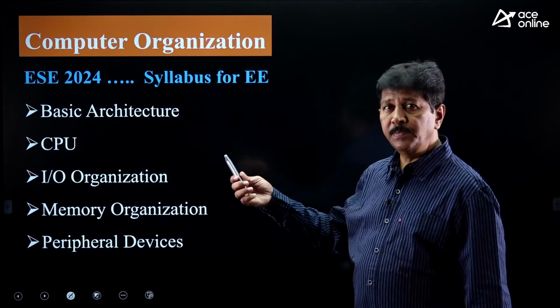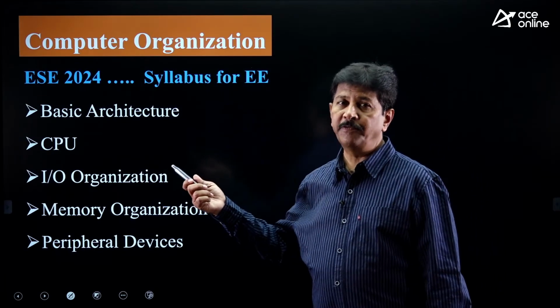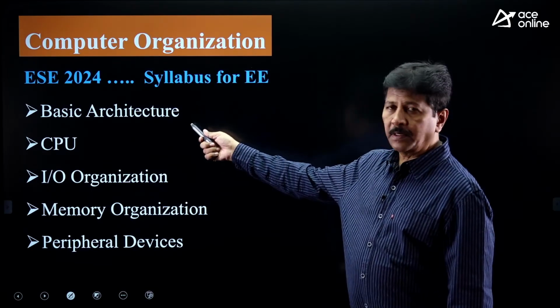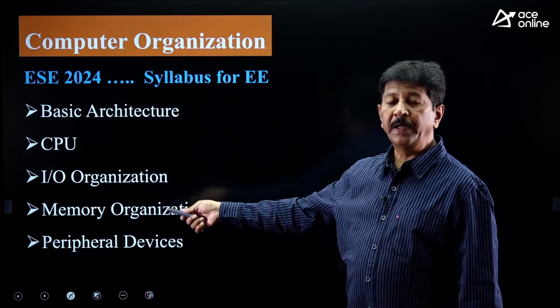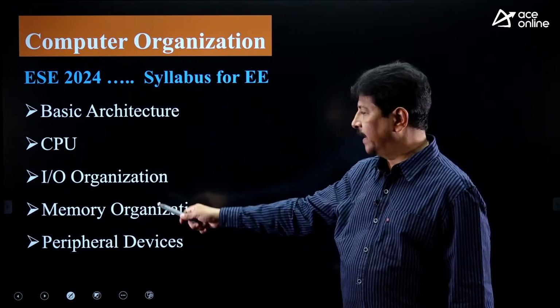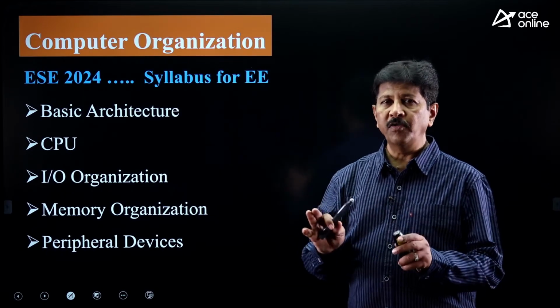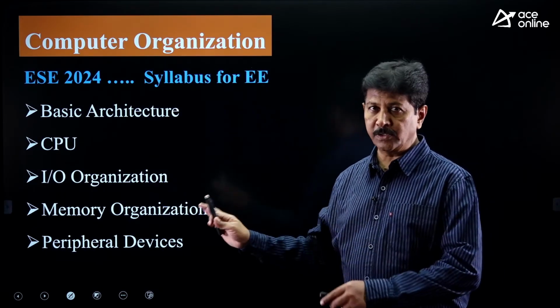Looking at the syllabus for the ESE exam for EEE students, it has the same things: computer architecture, CPU, memory organization, IO organization, and peripheral devices. The topic of hardware and software trends is not there in this one.